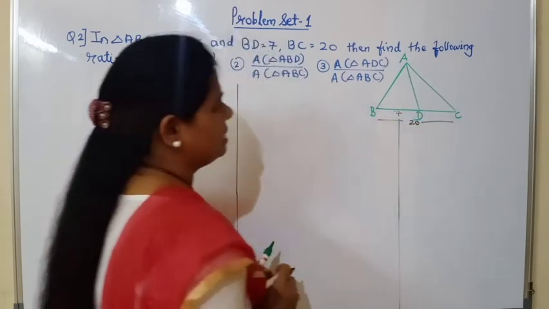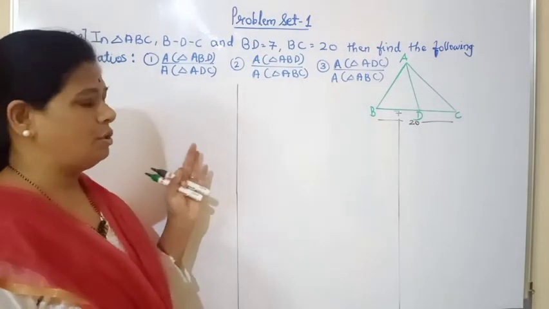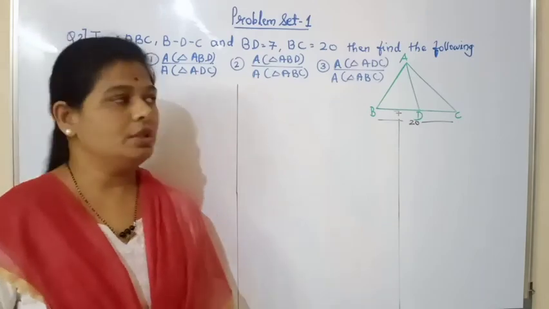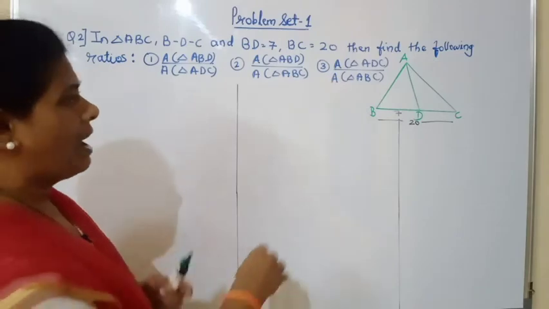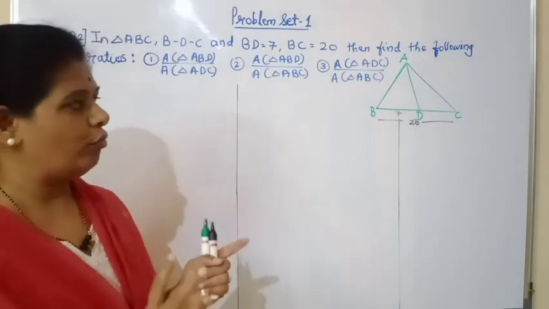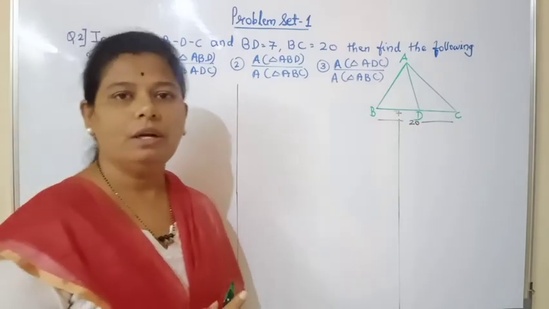Then find the following ratios. Now in this question, as the diagram is given to you, in triangle ABC, with D on BC, the measurement of BD is 7 and the complete BC is 20.